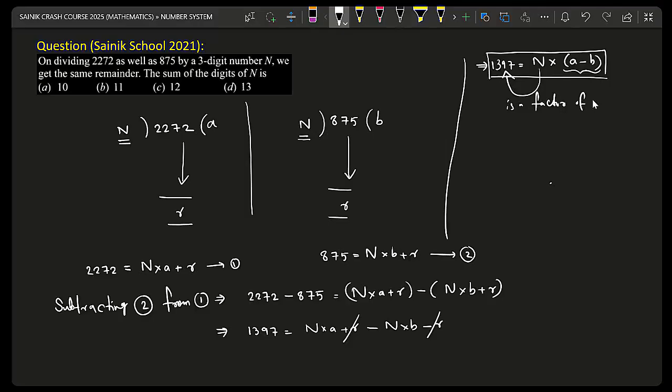That means we have to factorize 1397. Try to factorize. So how can we factorize that? All of you try to factorize and tell me the answer. 1397 is divisible by which number?